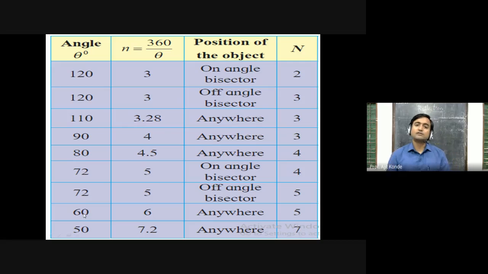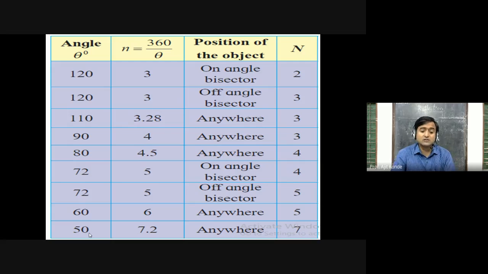If the angle between two mirrors is 60 degrees, then what will happen? Answer comes to be 6. 6 is an even number, then you don't have to see whether the object is on the angle bisector or not. Then it will be 6 minus 1, that will be 5. If your angle between two plane mirrors is 50 degrees, then what will happen? 360 divided by 50, answer comes to be 7.2.